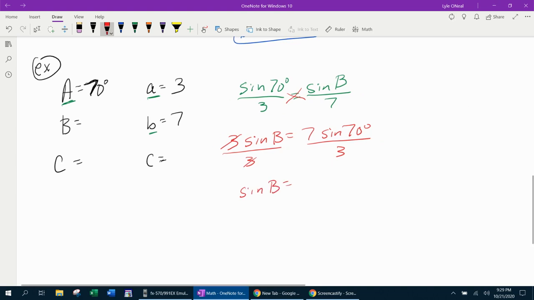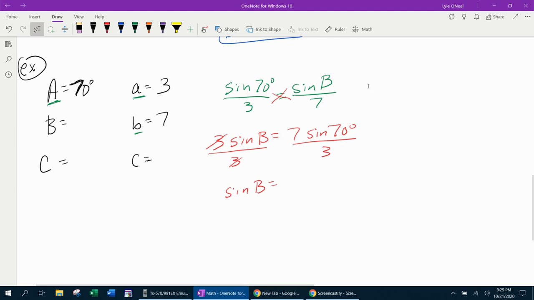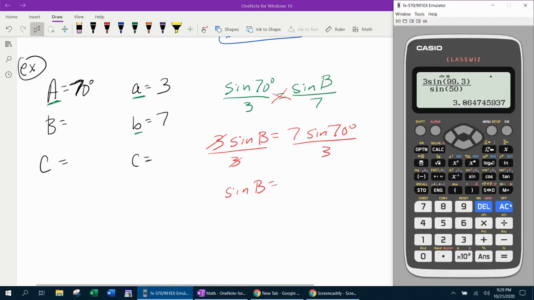And then what I'm going to do to calculate that value is bring up my calculator. Here we go. 7 sine 70 divided by 3 works out to be 2 point. Now remember, this is an intermediate step, so we need to go to 4 places. 2.1926.